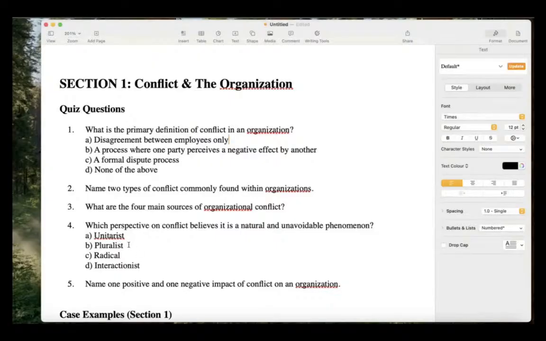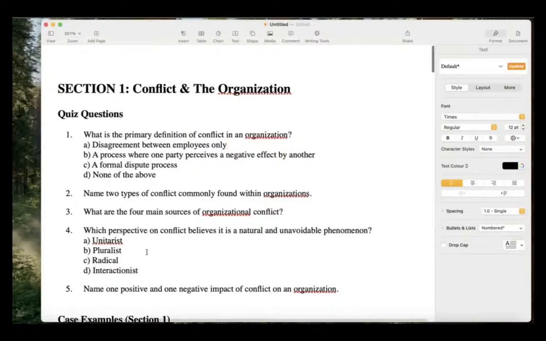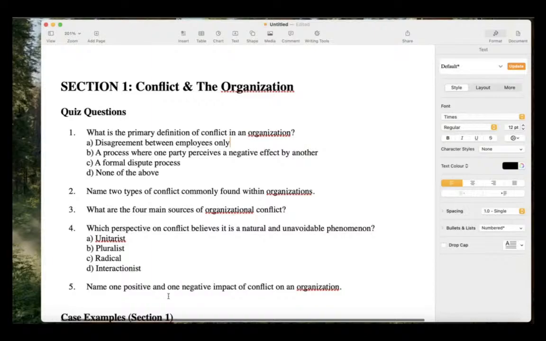Okay. Next one. Name one positive and one negative impact of conflict on an organization. Do you recall when we discussed the positive impacts and the negative impacts? By any chance, do you recall any? The positive ones, I think, it shows commitment and highlights progress.